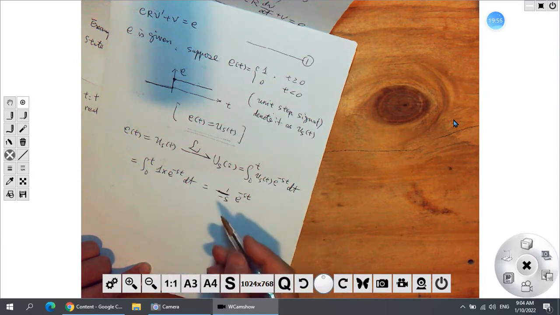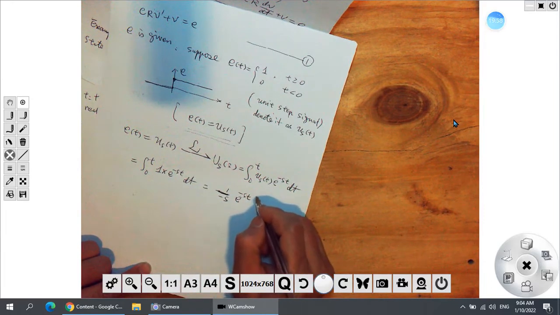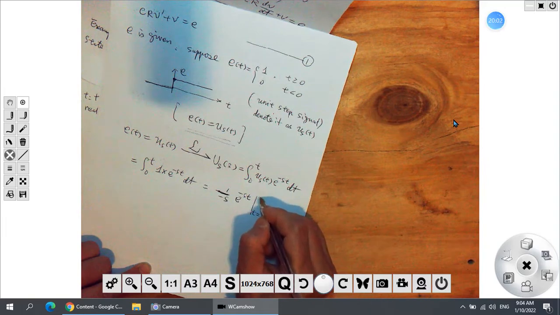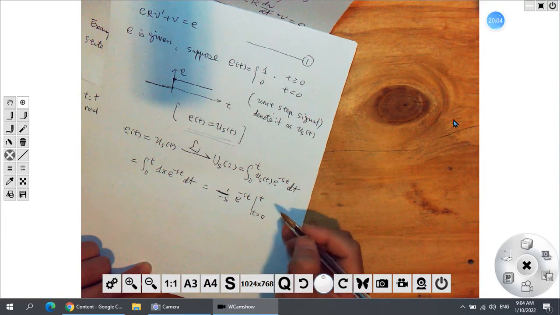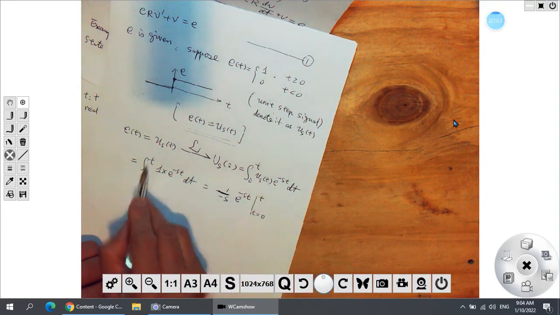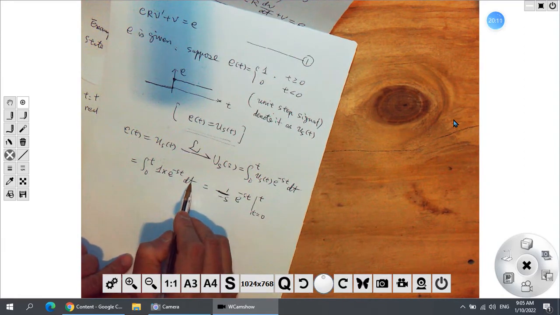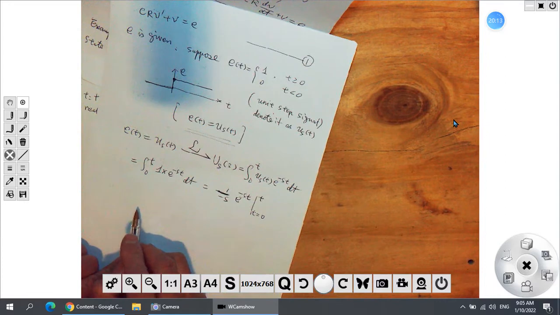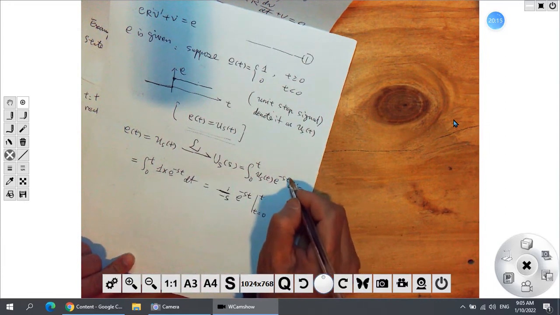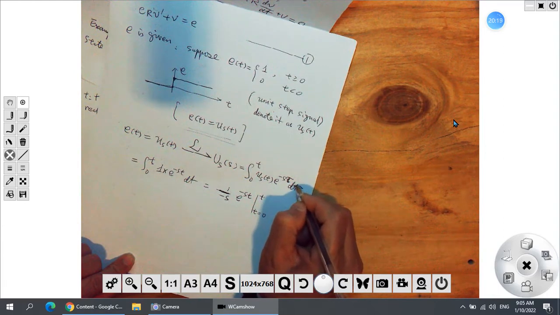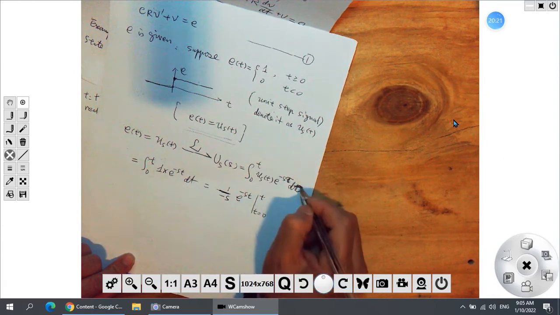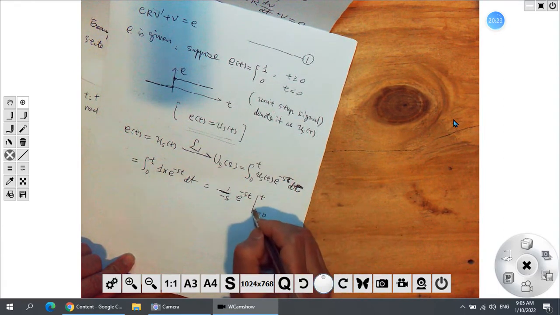It's an integral, and t will run from 0 to t. A little bit confusing, but this t is the upper bound of the integral, and this t is the variable. If you want to make it more accurate, you can write this as tau. Here's a t, here's a tau.